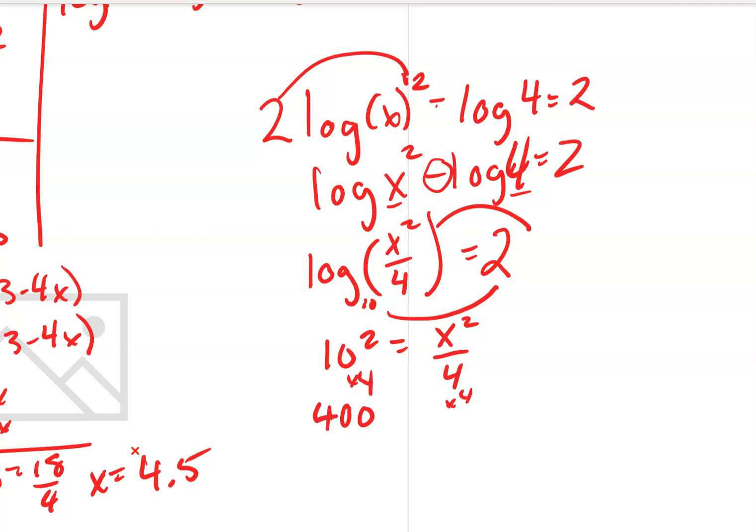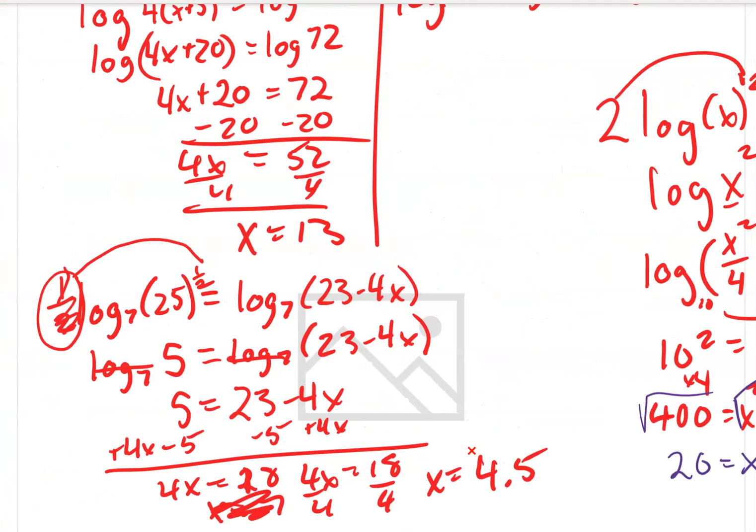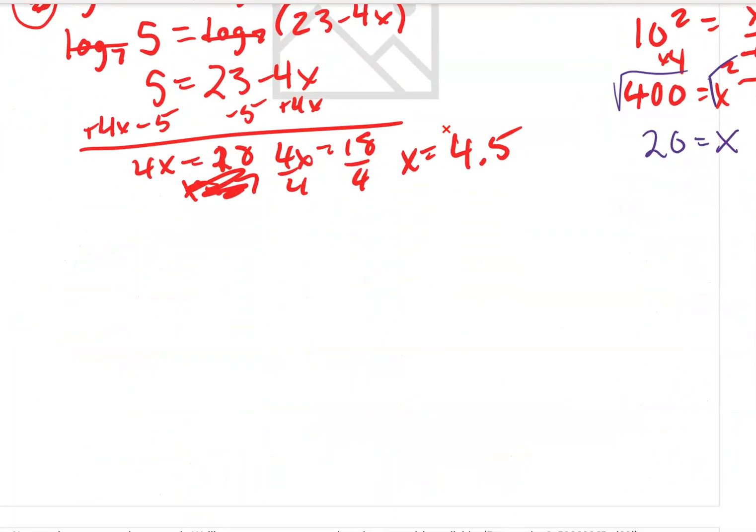That's 400 equals x squared. We'll then take the square root of each side. Square root of x squared is x. The square root of 400 is 20. That's problem number 12.